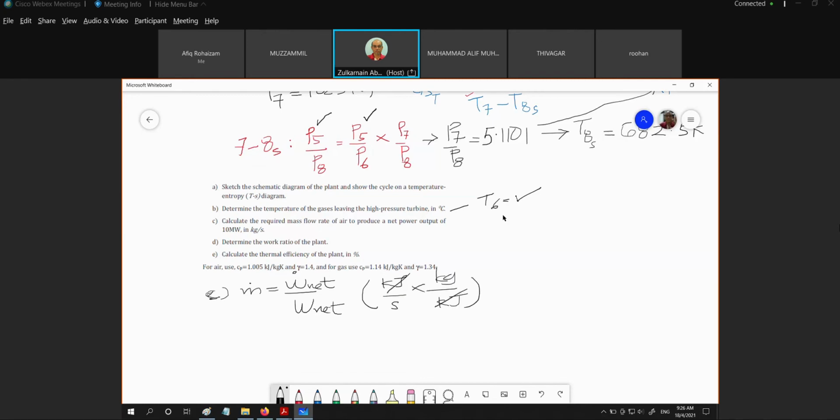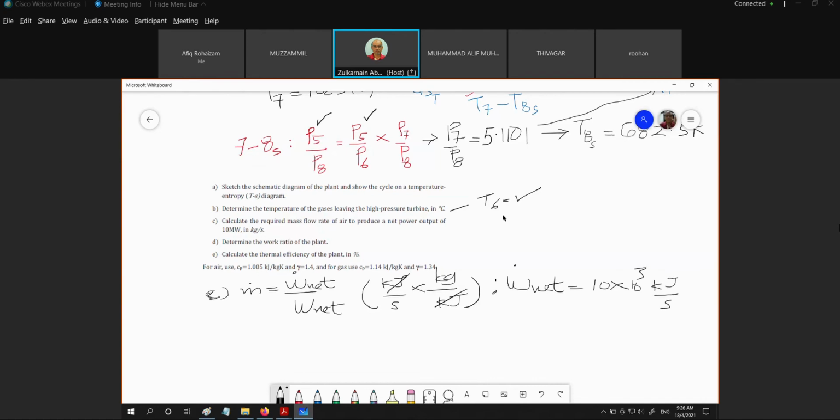W dot net is given as 10 megawatt, which is equivalent to 10 multiplied by 10 to the power of 3 kilowatt, which is equivalent to kilojoule over second.